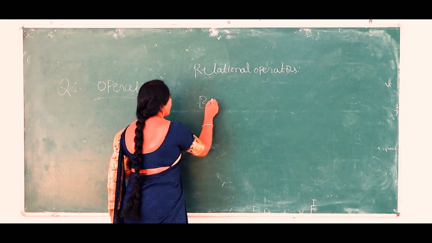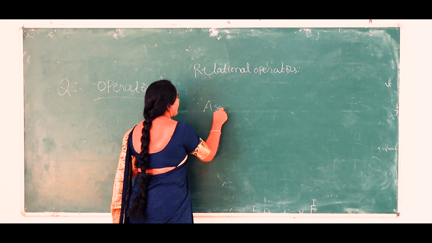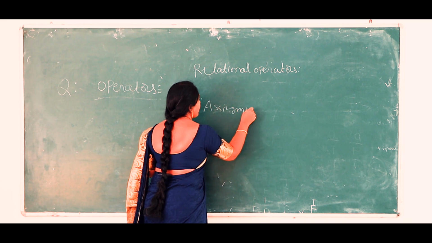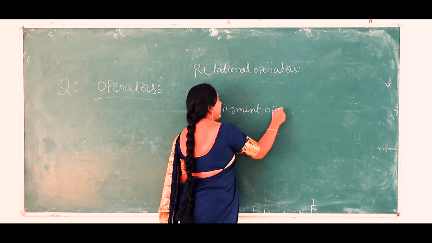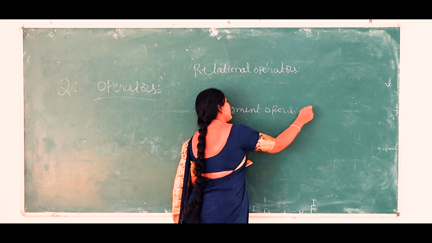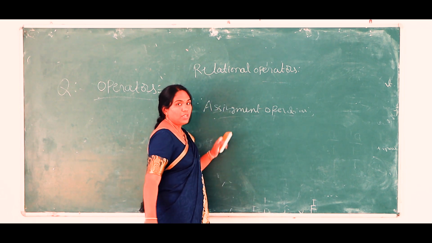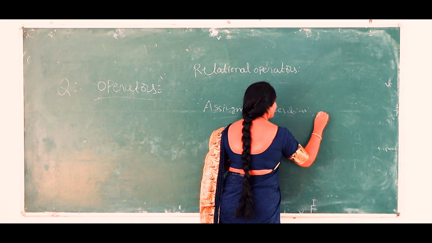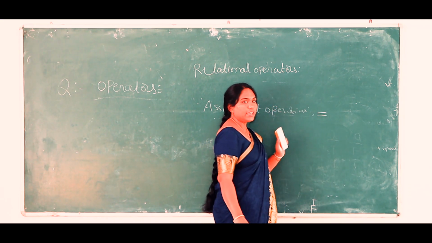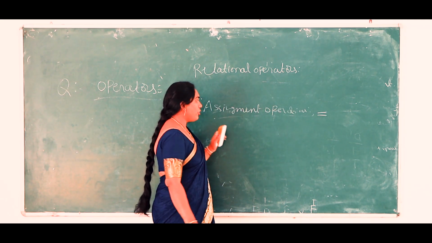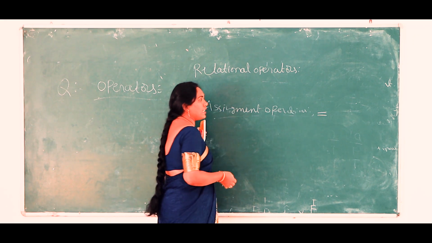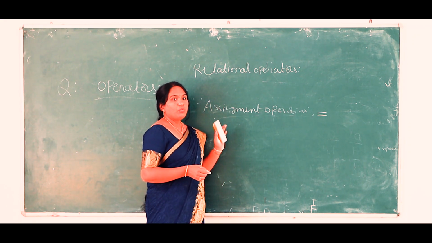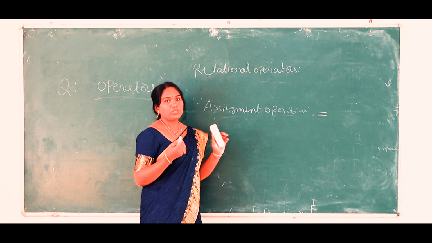The next one is the assignment operator. It is one of the important topics for variable initialization. The single equal is called the assignment operator. Here we are assigning values into the variables.